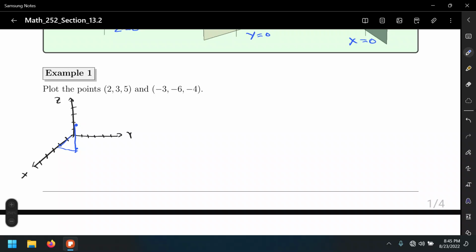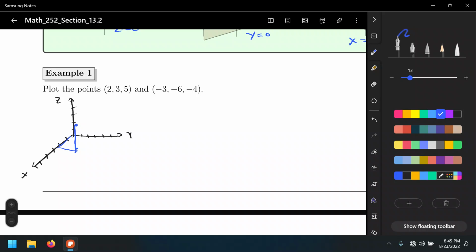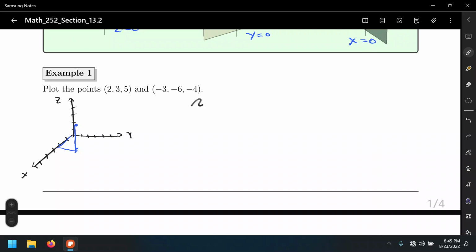Do you see how complicated it is to plot points in 3D space? And it's even weirder when we have negative values. For negatives, we need to extend the axes towards their negative sides using dashed lines.